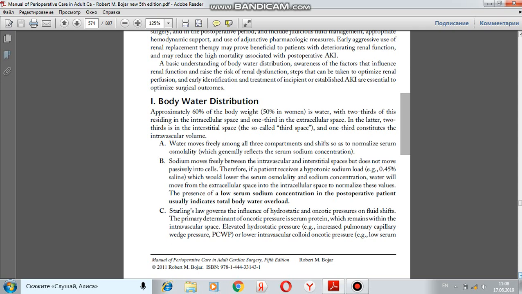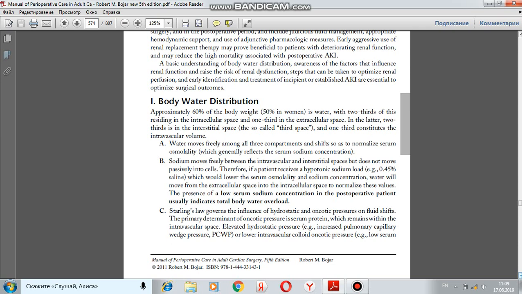Water moves freely among all three compartments and shifts so as to normalize serum osmolality, which generally reflects the serum sodium concentration. Sodium moves freely between the intravascular and interstitial spaces, but doesn't move passively into cells.